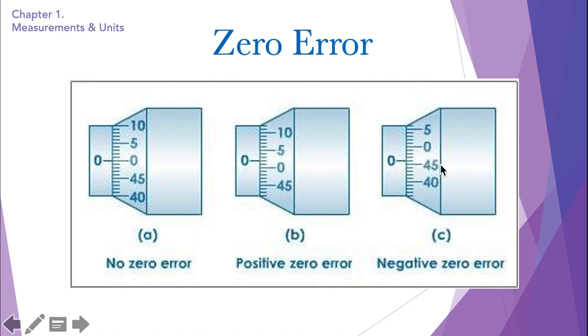But over here it's a negative zero error, but still we will just read from the fractional scale 0 towards the main scale 0. So in this case we will be reading backwards in a way. So this negative zero error is not going to be called 46. It is going to be 0.04, because we're going to read it backwards because it is a negative zero error.